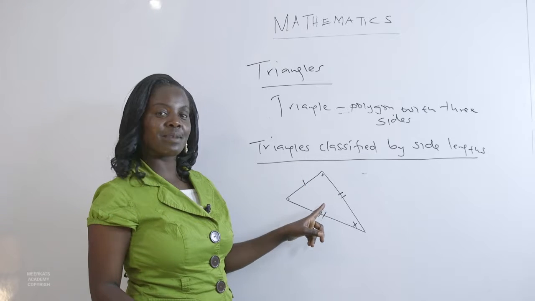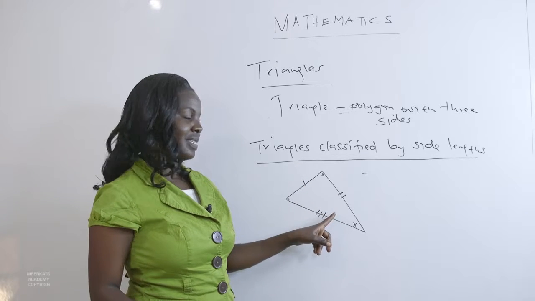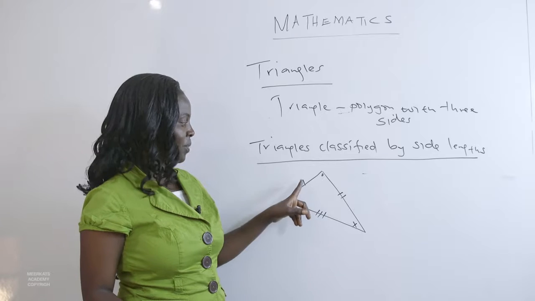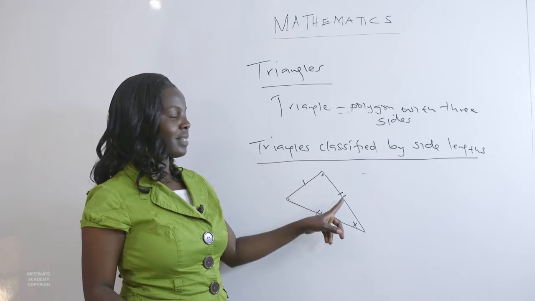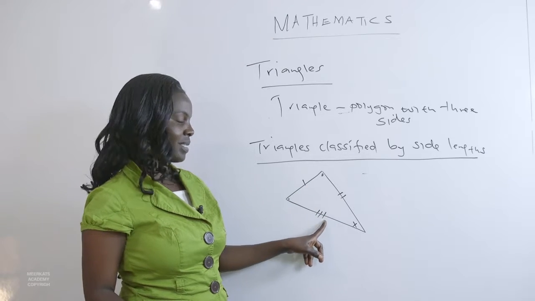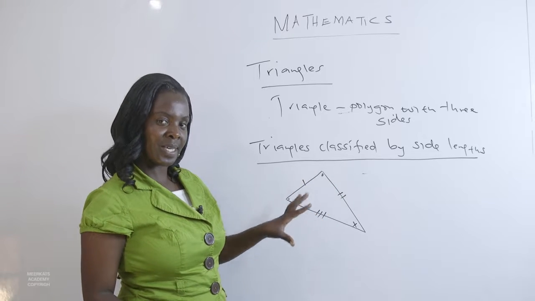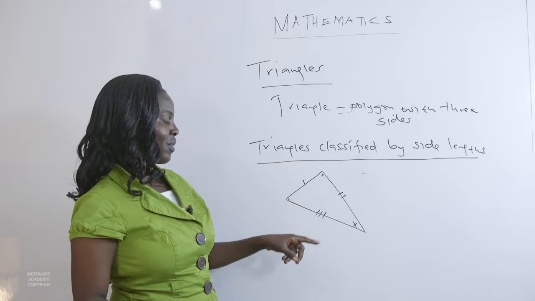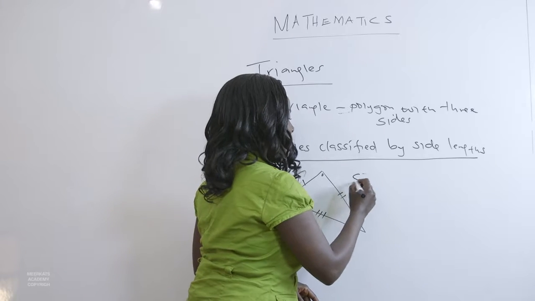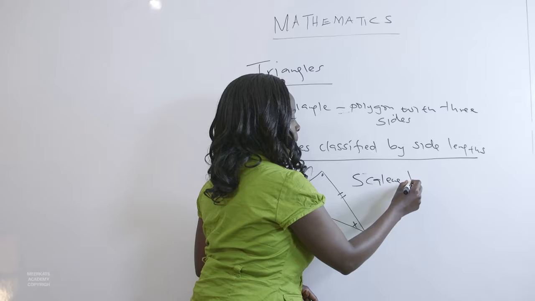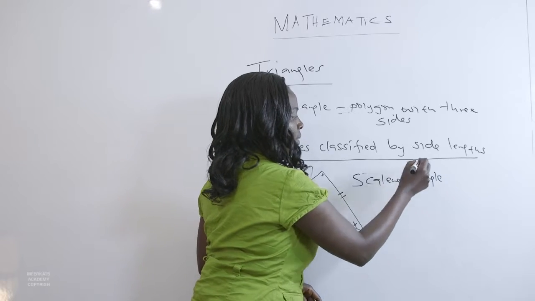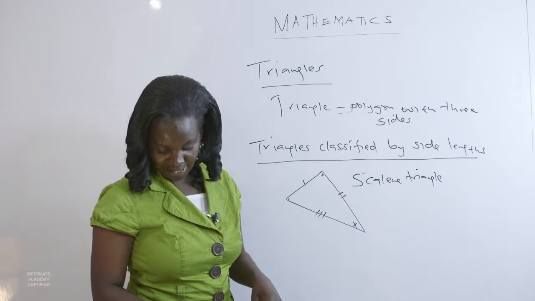Different markings on each side means there is no side that is equal to the other. So this has 1 marking, this one has 2 markings, and this one has 3 markings, meaning no side is equal to the other. When we have this type of triangle, we call it scalene. This triangle here is called a scalene triangle.